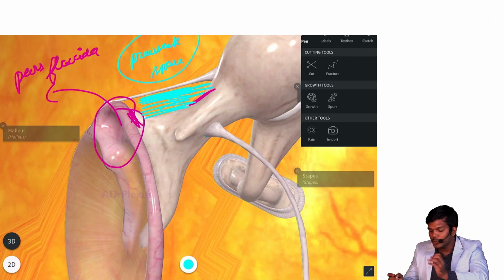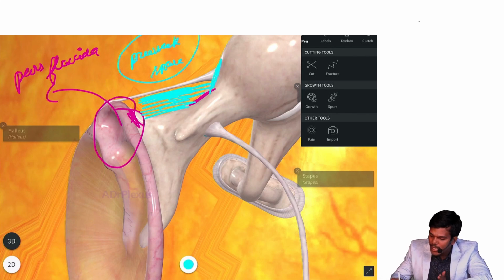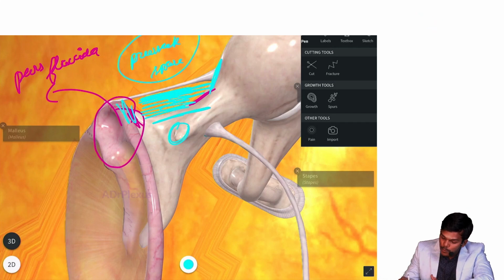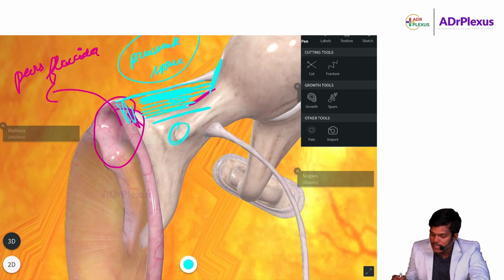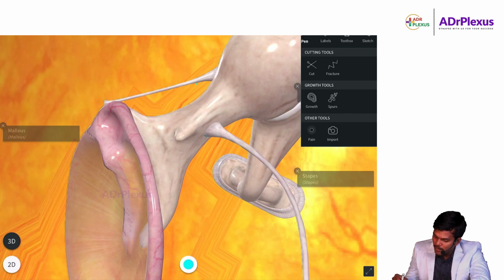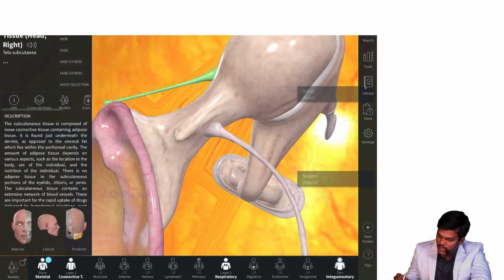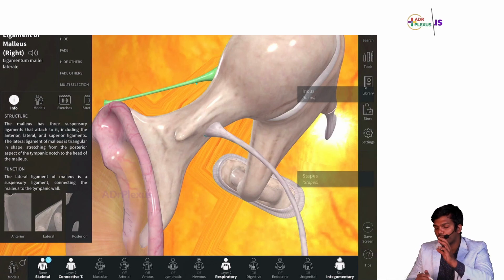Now you look, this Prussak's space is having a medial boundary as neck of the malleus, lateral boundary as pars flaccida, inferior boundary as lateral process of malleus, superior boundary as lateral malleolar ligament. See, this is lateral malleolar ligament which is forming the roof of the Prussak's space.